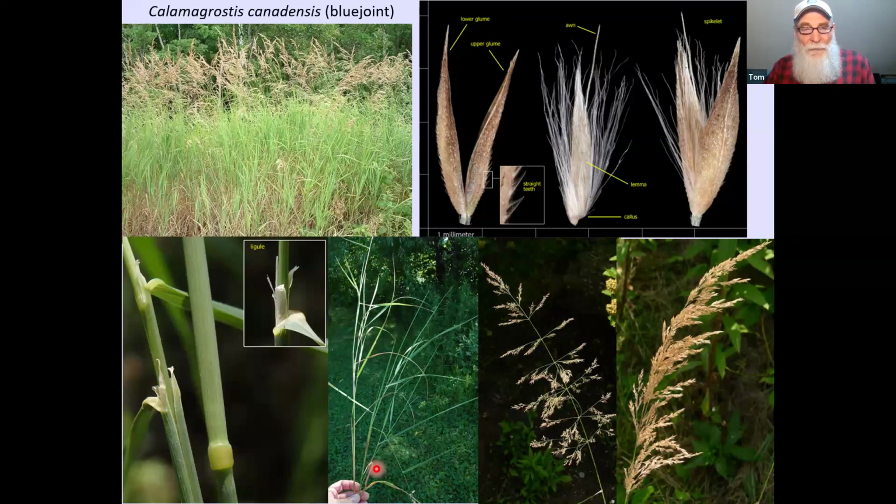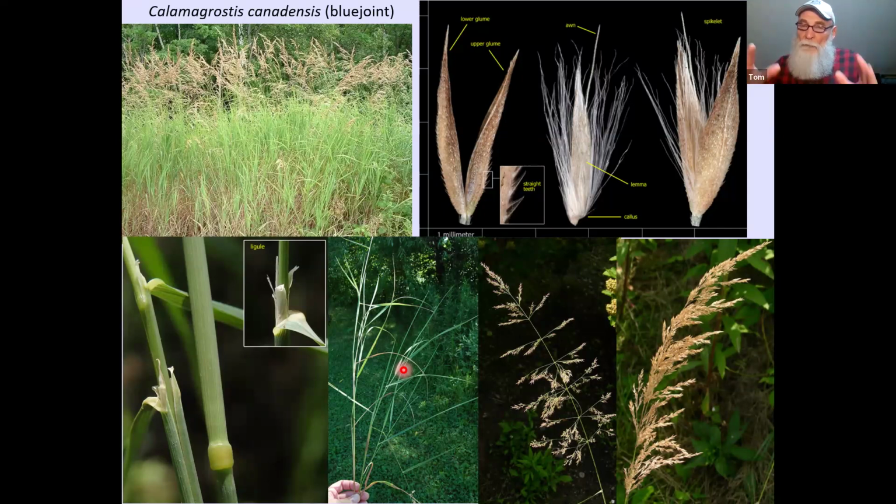But I think just the slenderness, the blades on blue joint are 2 to 8 millimeters wide. So 8 is the maximum. And again, as I said, typical large robust reed canary grass is going to be 15. So the leaf blades of reed canary grass are about twice as wide as the leaf blades on blue joint.